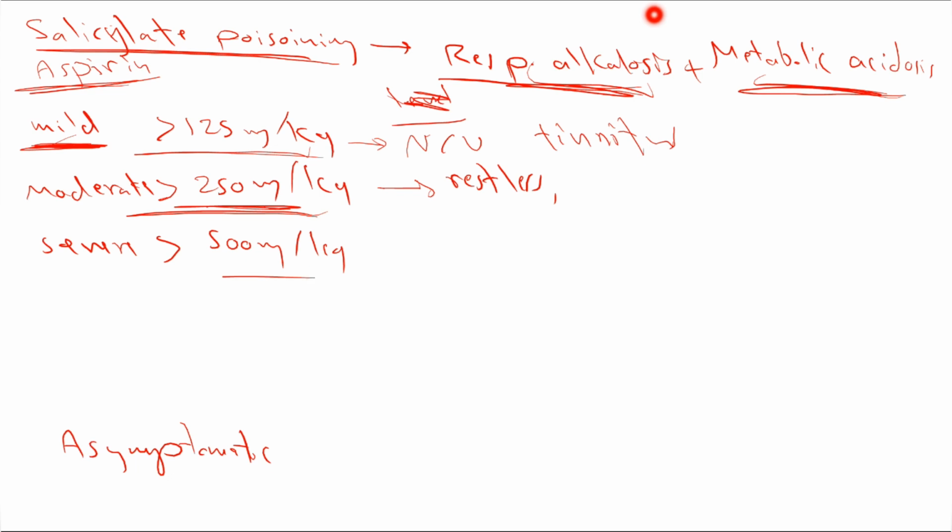And if more than 500 milligram per kg has been taken, there will be CNS depression, cardiovascular depression, and respiratory system depression. So the patient will get hypotension and shock.